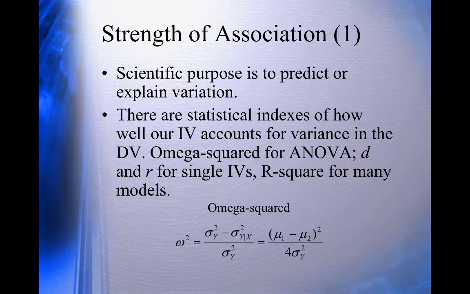And so statistical significance tells us something about that, but not that much. So what we'd like to be able to say is some quantitative index of how closely connected our independent and dependent variables are. So how good a job does our independent variable do in changing the dependent variable?